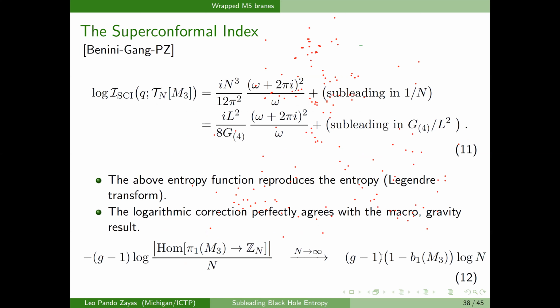And that's all that you need to do, because in localization the Chern-Simons gives you the idea of these holomorphic blocks. So constructing the partition function becomes a problem of how you're gluing these holomorphic blocks. For the superconformal index, you have to glue them in a certain way and then take the limit. And that's what we have done.